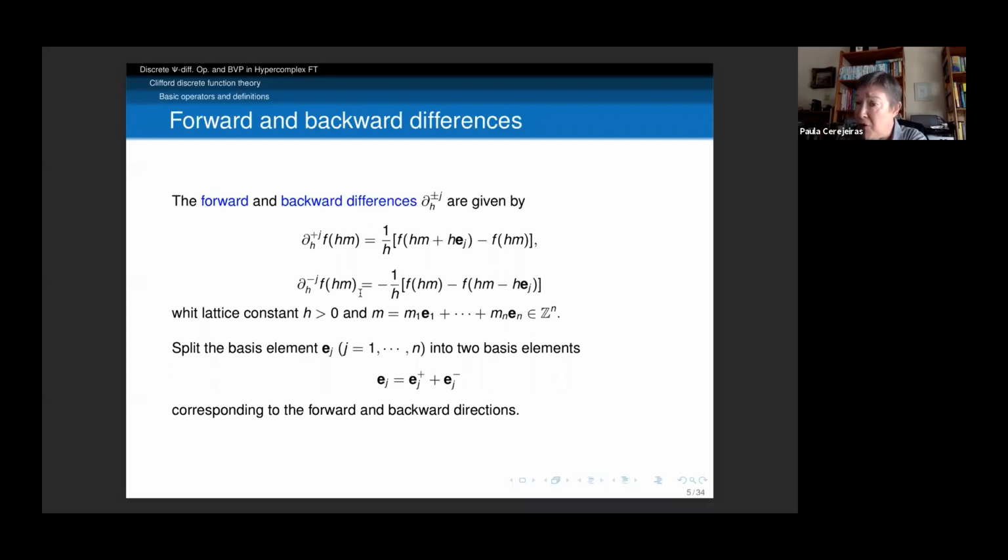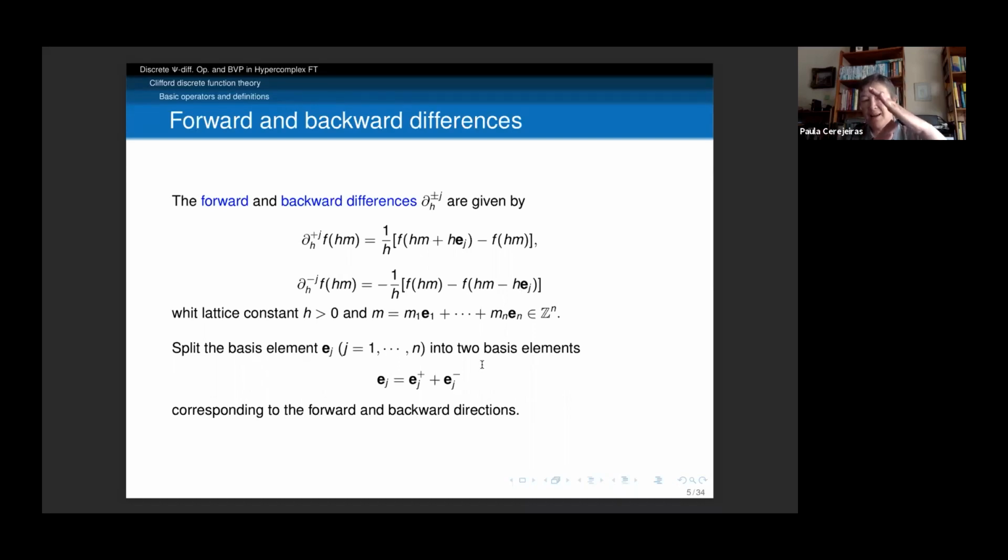They apply very well for the star Laplacian, but it lacks the replication of the classic derivatives in the complex plane. For obtaining a decomposition of this kind, you simply split each of these direction vectors into two basis elements which are going to replicate the orthogonal directions of z and z bar.